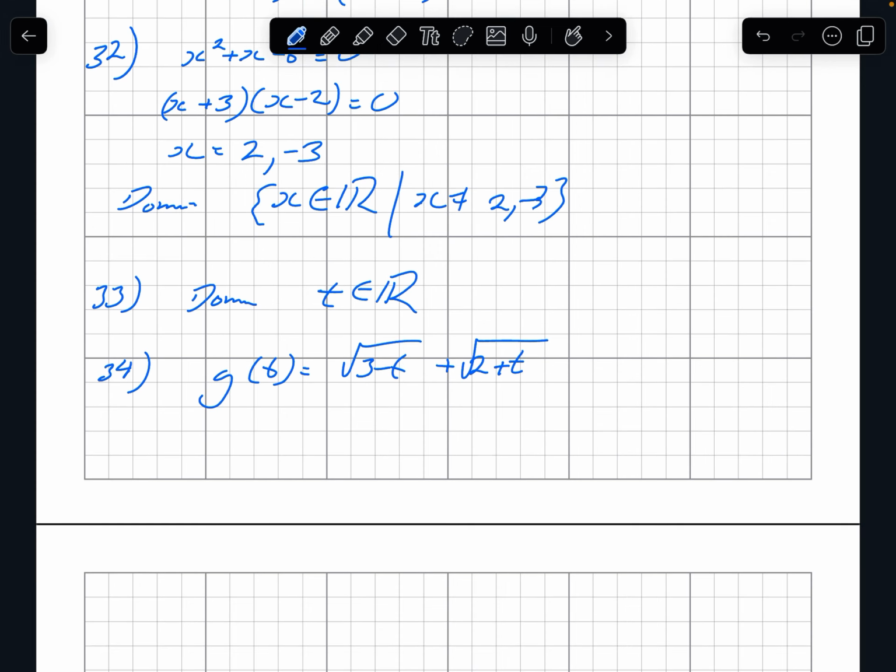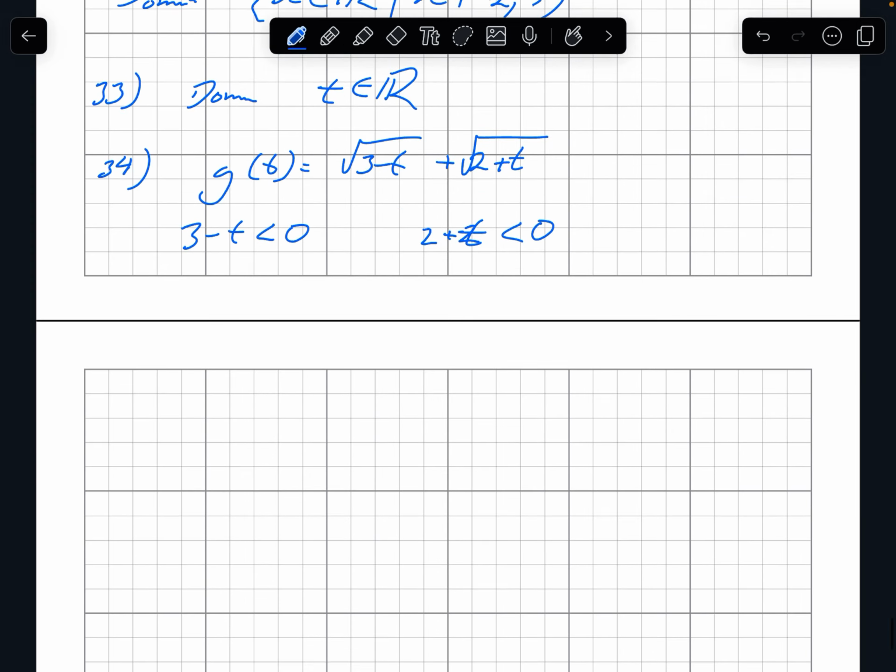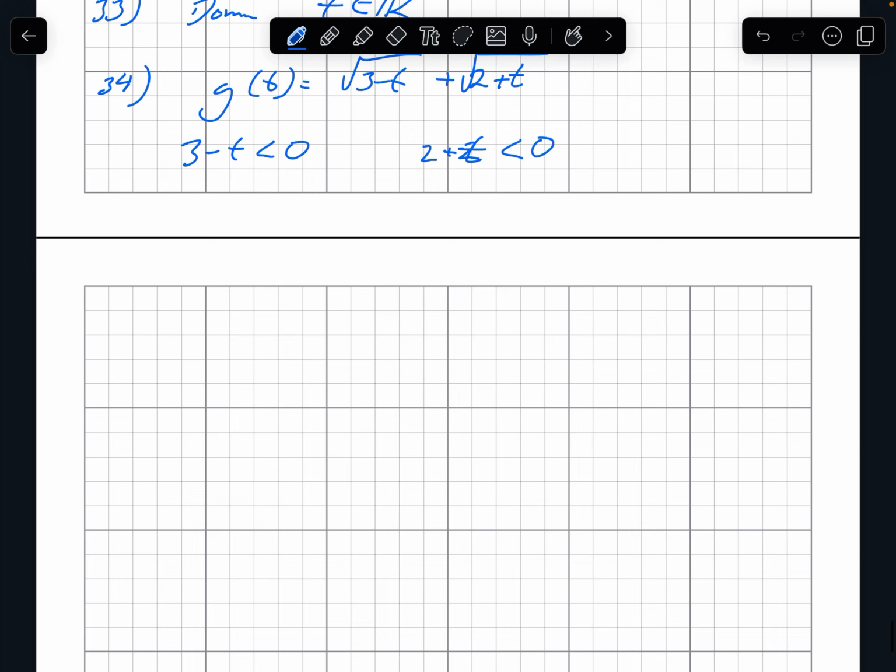So we get an issue when 3 minus t is less than 0. We also get an issue when 2 plus t is less than 0. So we'll take these two inequalities and see what they give us. Okay, first one, obviously, t greater than 3 is going to give us an issue. And t less than negative 2 is going to give us an issue.